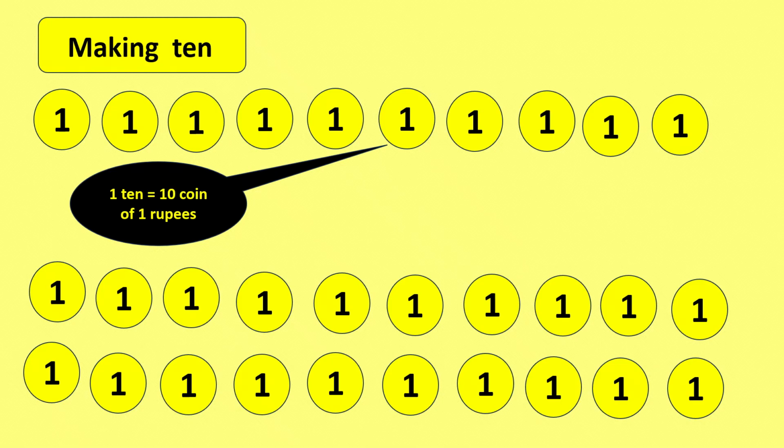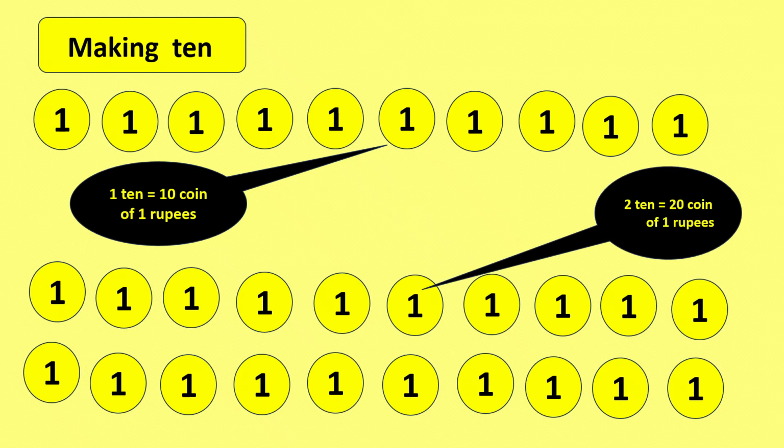So for 20 rupees, how many coins of 1 rupee do we have to collect? Yes, very good. Everyone gave the right answer. We have to collect 20 coins. When we collect 20 coins of 1 rupee, we make two 10s.